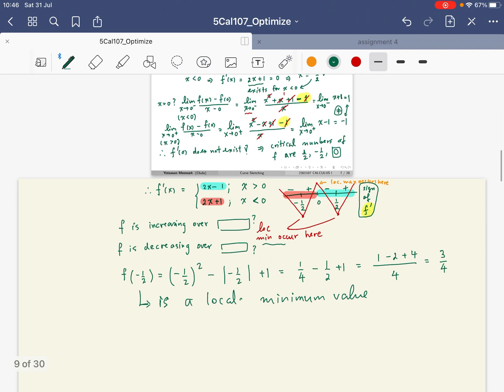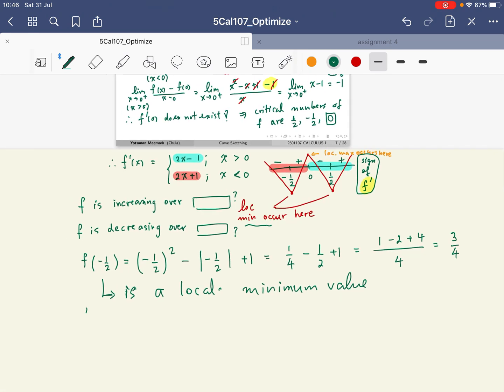And then another one is f at 1/2, which is 1/2 squared minus the absolute value of 1/2 plus 1. It will be the same value, so this one is also a local minimum value.